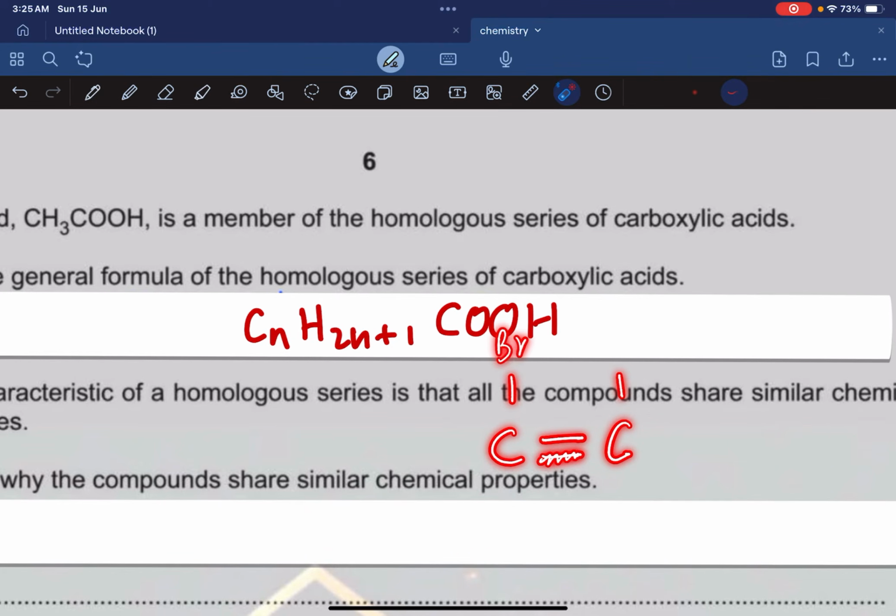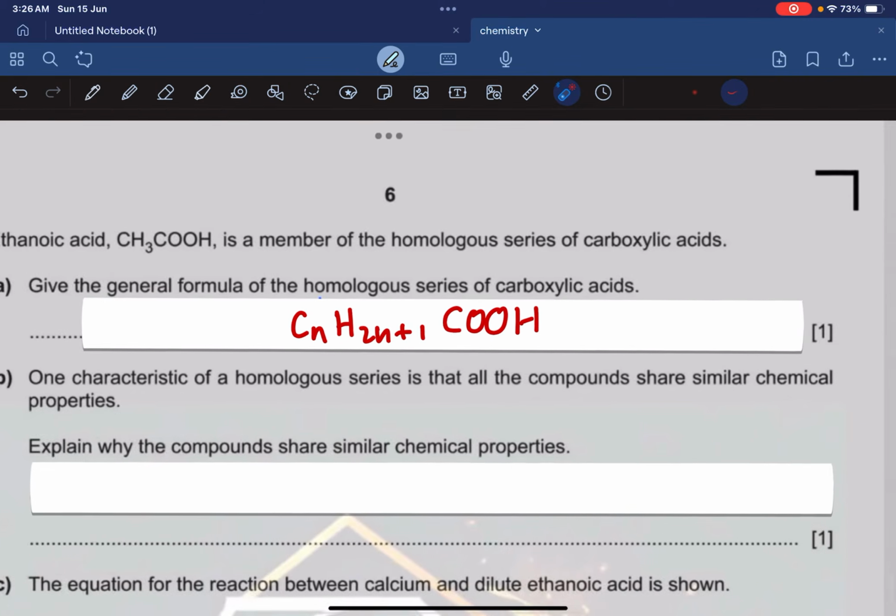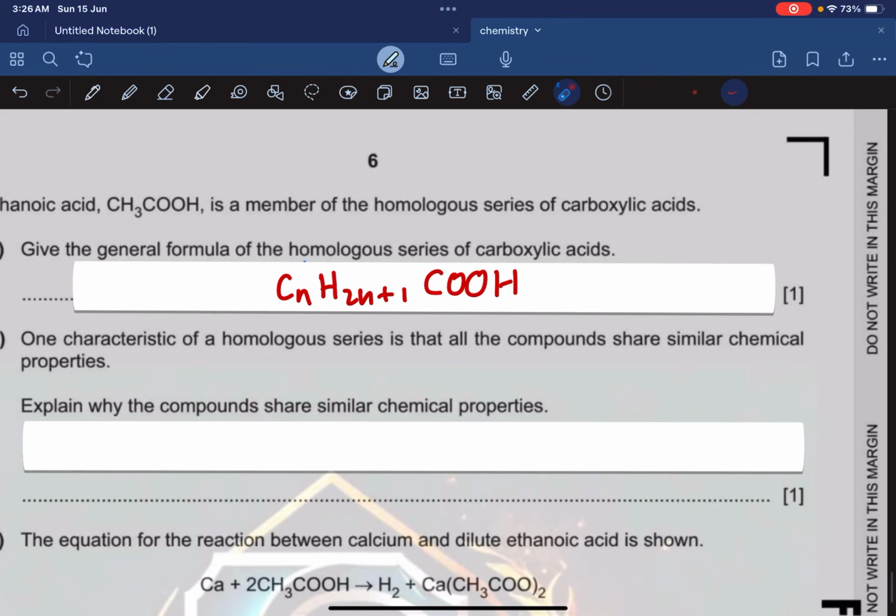One bromine is going to attach over here, one bromine over here. So that's why all alkenes react, because they have a similar functional group. So the functional group determines the chemical properties of a compound. So why do all have similar chemical properties? Because they all have the same functional group.